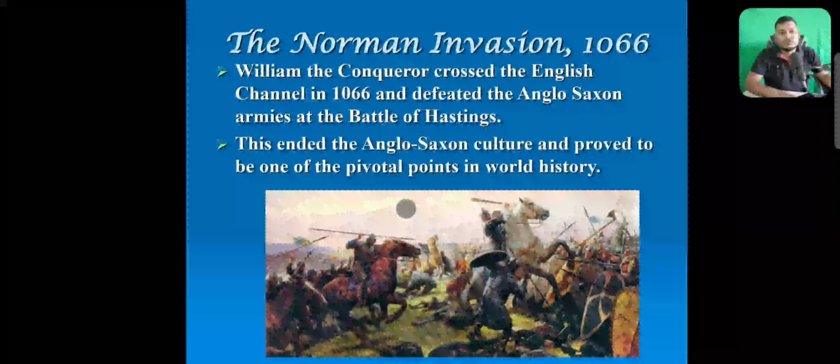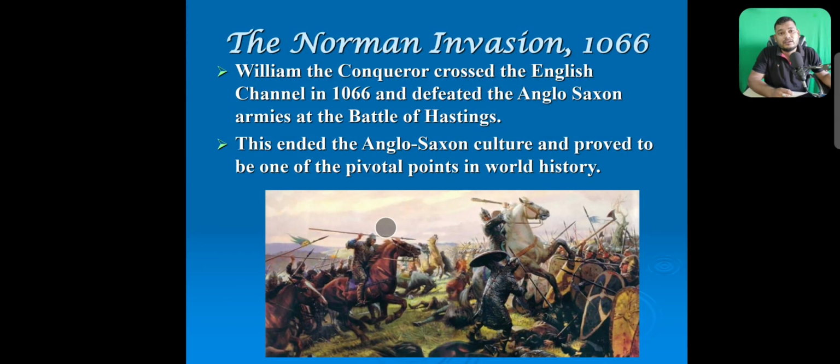We just have to remember the name of the war, the Battle of Hastings, which happened in 1066. This ended the Anglo-Saxon culture and proved to be one of the pivotal points in world history.